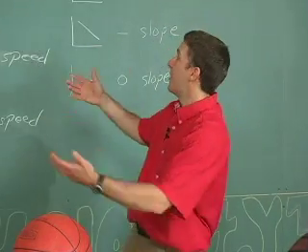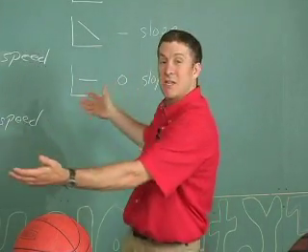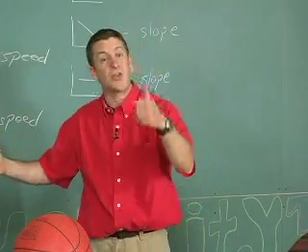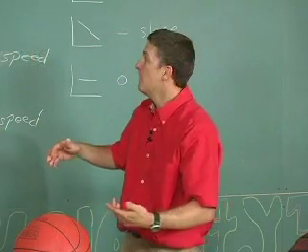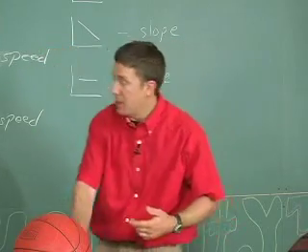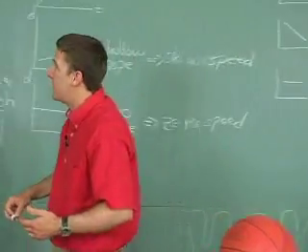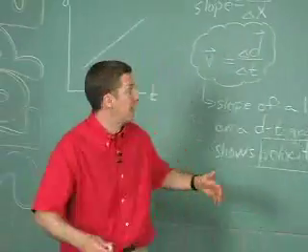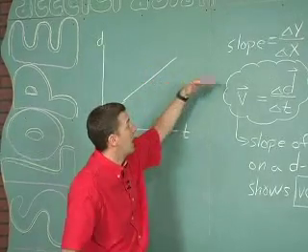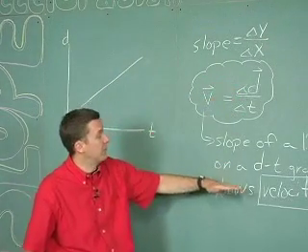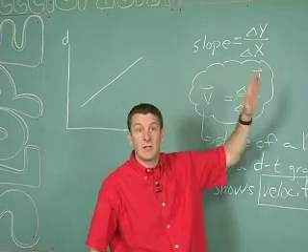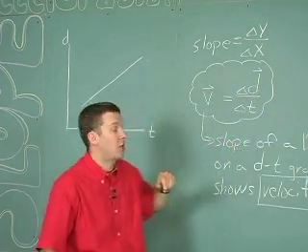We have outlined on the board all the concepts needed to understand the construction and the interpretation of a DT graph. We know that the slope of a line on a DT graph shows velocity. And to calculate this velocity, it is the rate of change of distance. And we've seen how the velocity can show us the magnitude and the direction.